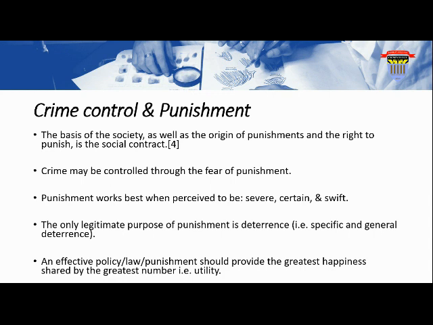Crime, control, and punishment: the basis of society, as well as the origin of punishments and the right to punish, is the social contract. Since crime is attractive and a person has free will, even if there is a law, he will still make the choice to commit it because of the pleasure.